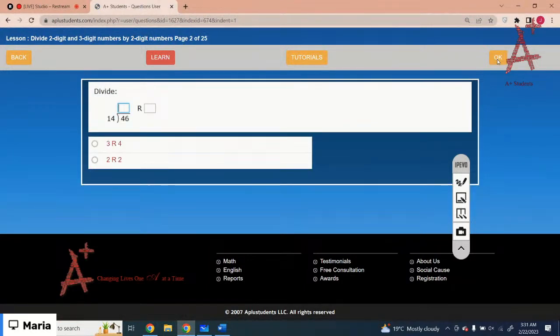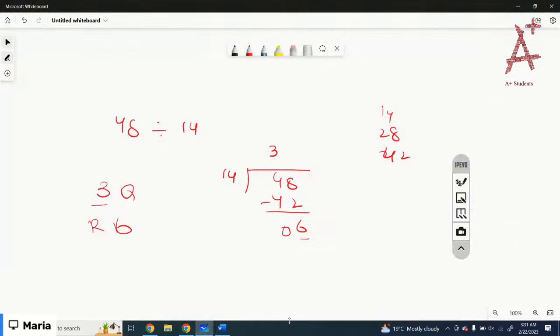Okay, you have to divide 46 by 14. Let's just divide 46 by 14. We have the table written on the board. 14 times 4 is 56, so we can go for 14 times 3, because 56 is greater than 46. 14 times 3 is 42, and 46 minus 42 is 4.